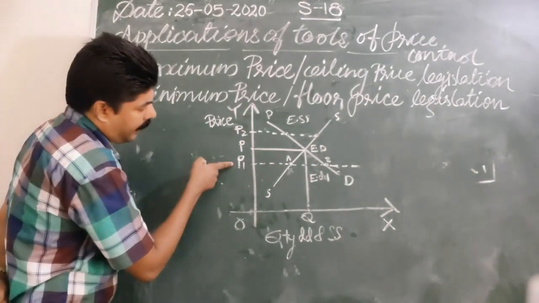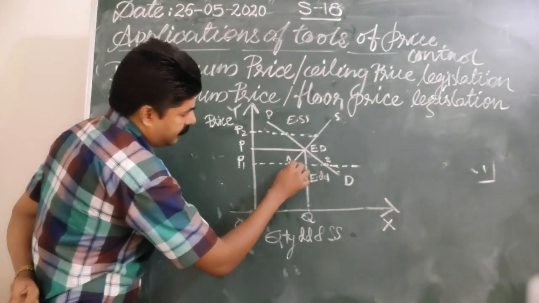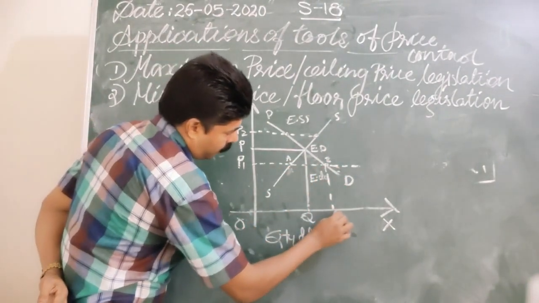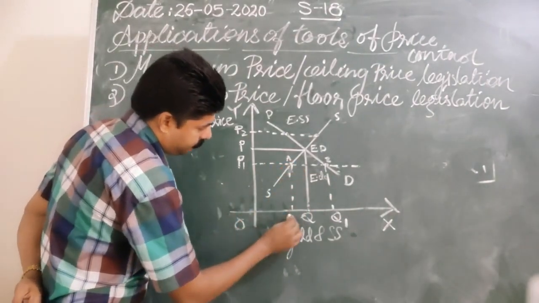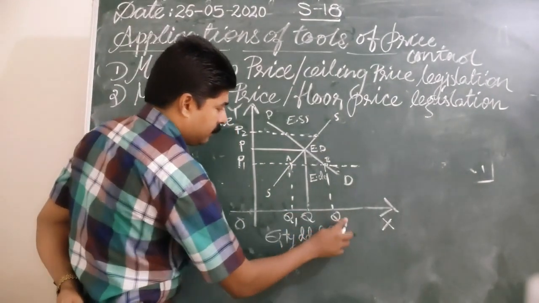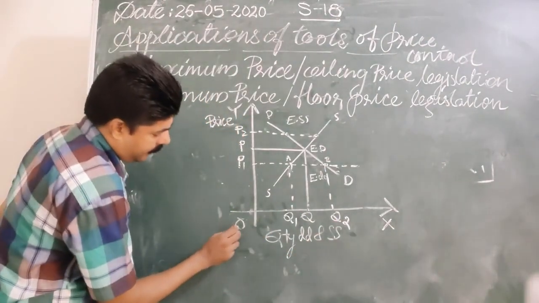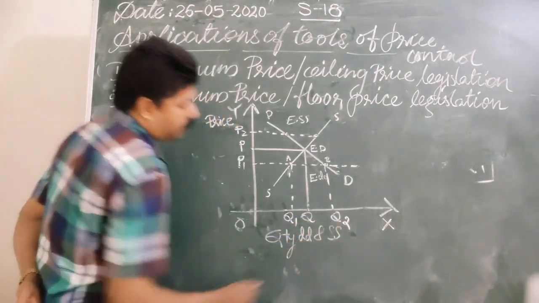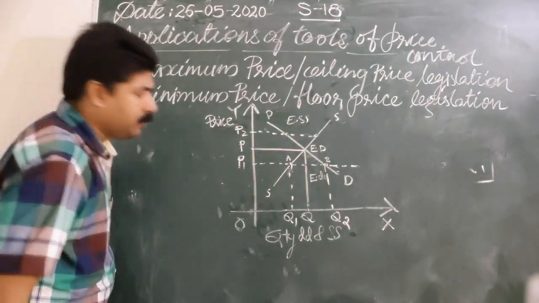At price OP1, the quantity supplied is OQ1 and the quantity demanded is OQ2. What is more here? Excess demand. Demand is more.